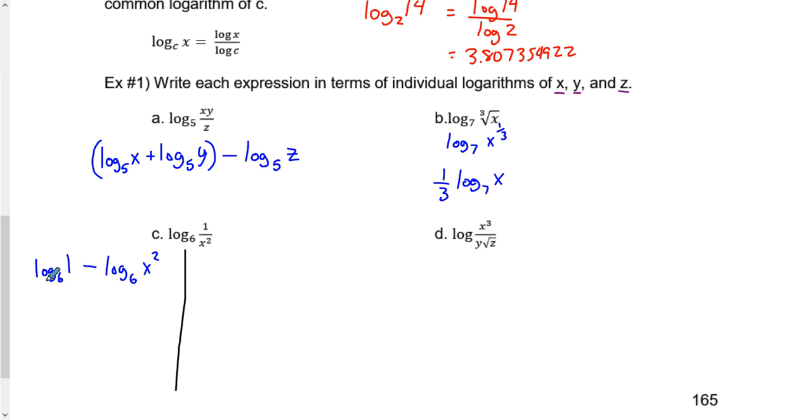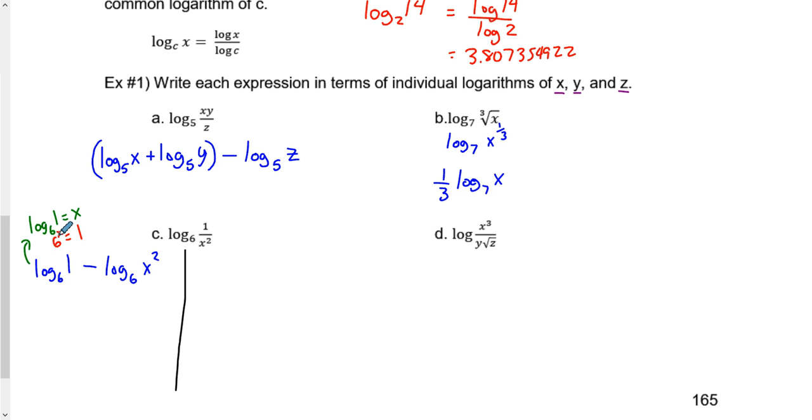Well, what we need to know is that log base 6 of 1, so I'm just going to bring that up as a side note here. Log base 6 of 1 equals x. So in order to solve it, 6 to the power of x equals 1. What is this?